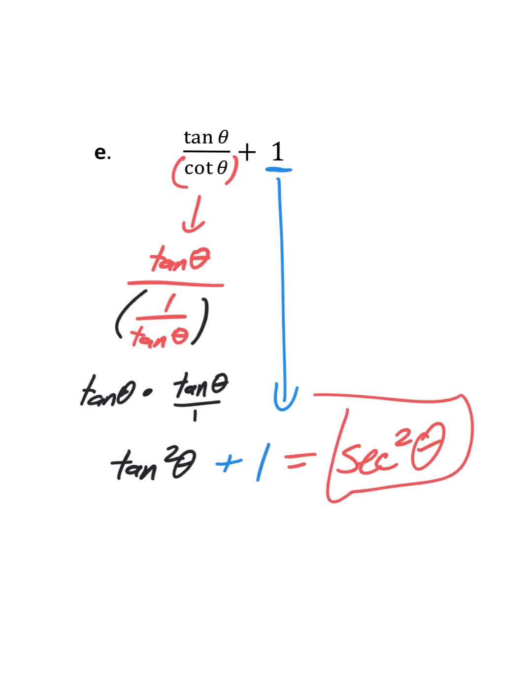Okay, so in this case, again, showing you that there are no absolute rules here. Okay, I could have approached it by making common denominators, but in fact, it's easier if I just simplify this fraction first. Okay, so occasionally, if you see an opportunity to simplify something, go ahead and simplify it first and then try to use identities on that.